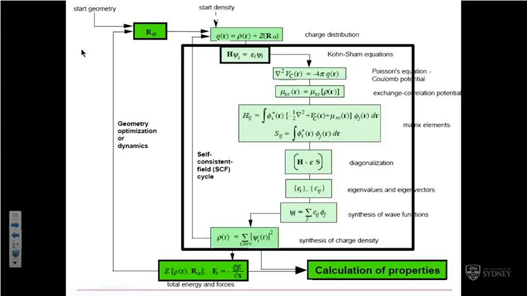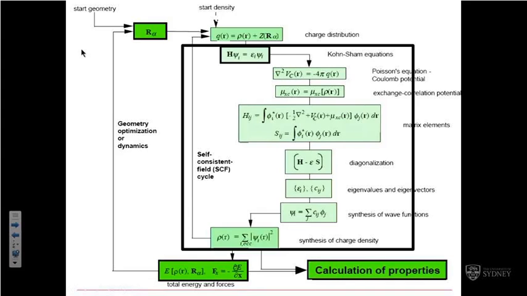Diagonalize the eigenvalue matrix. You'll get your eigenvalues and eigenvectors, where the eigenvectors can be thought of as wave functions of your system, and the eigenvalues will be the energy levels of all your electrons in the system. And then once you have these, you will recreate the wave function here as a sum over coefficients and orbitals.